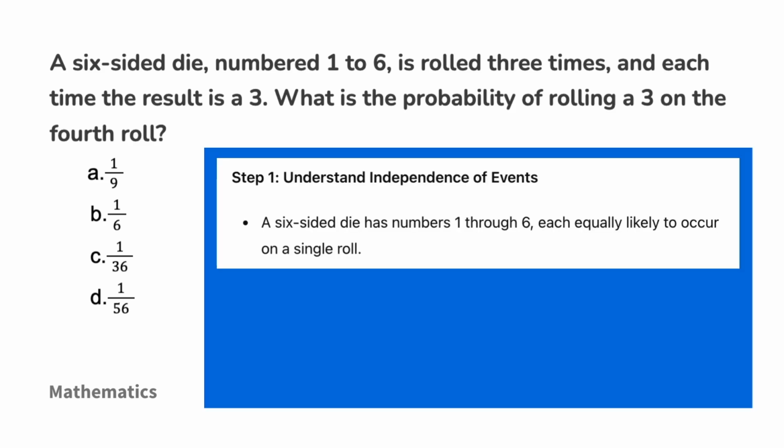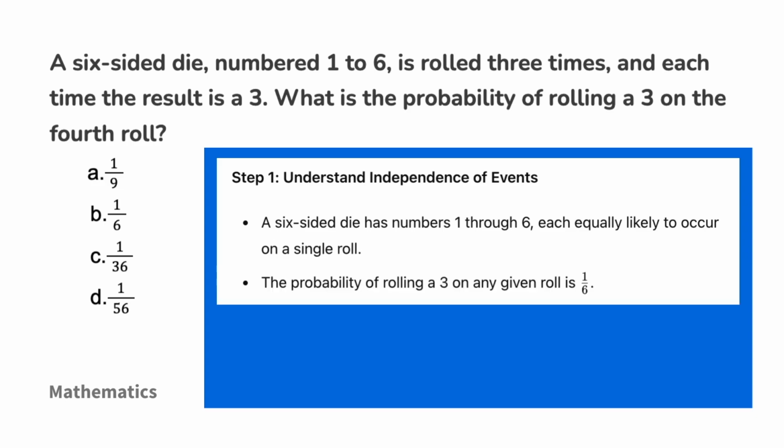All right, let's talk. Taking stock of what we know about independent events, we can understand that a 6-sided die has numbers 1 through 6. Each is equally likely to occur on a single roll. Furthermore, the probability of rolling a 3 on any given roll is 1 out of 6.